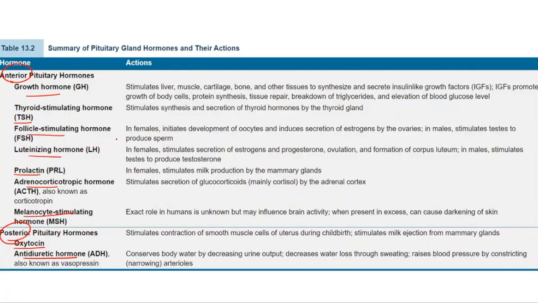Some of these are important for other sections of the course, such as reproductive system or urinary system. So we will leave some of these aside to discuss in more detail later on. For now, let's look at a few examples.